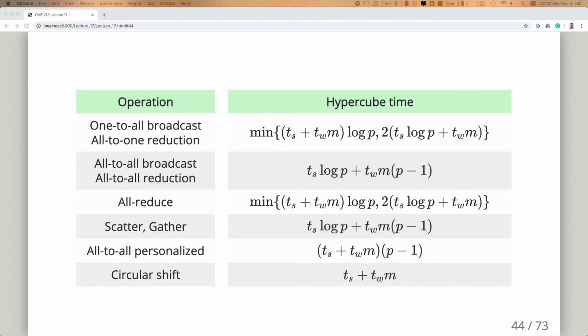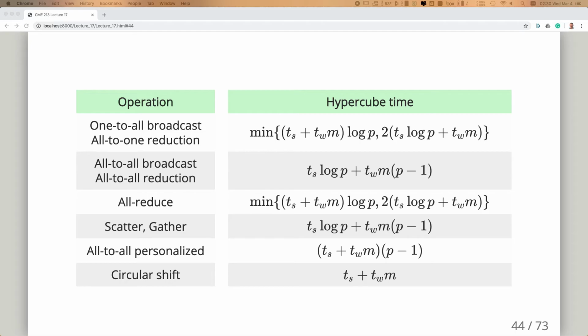It tells you essentially something about how long it takes to exchange data between any two nodes of your network, and so you of course want to use the fast wires instead of communicating between nodes that are very far in the network. You want to communicate between nodes that are very close and are directly connected by a wire. And so these algorithms make use of this hypercube structure when scheduling their data exchange.